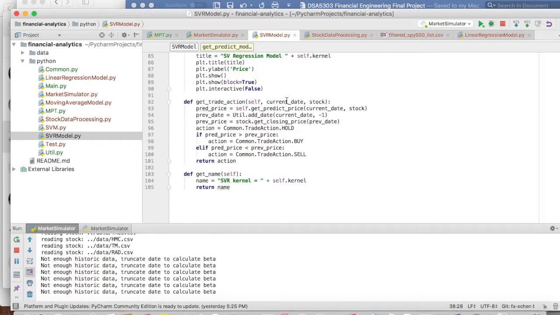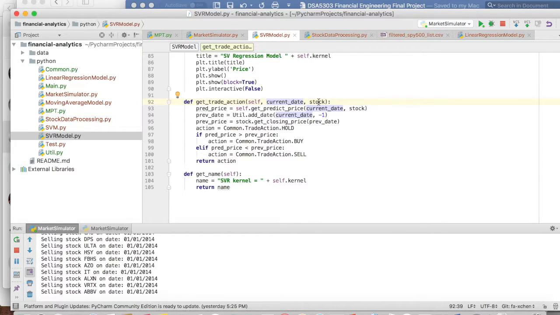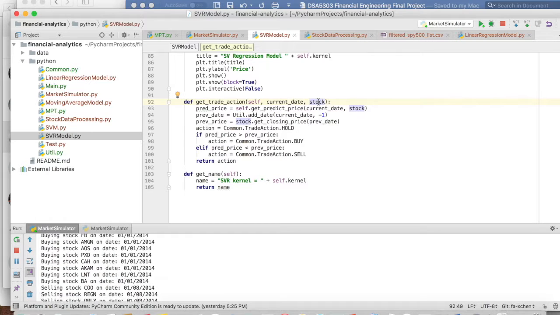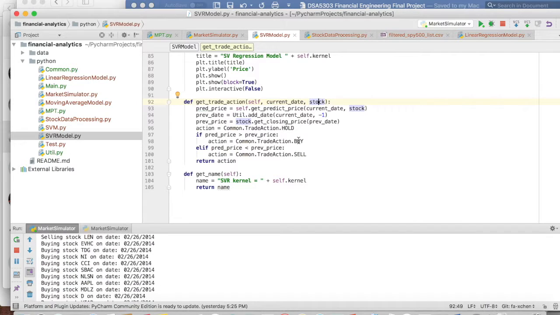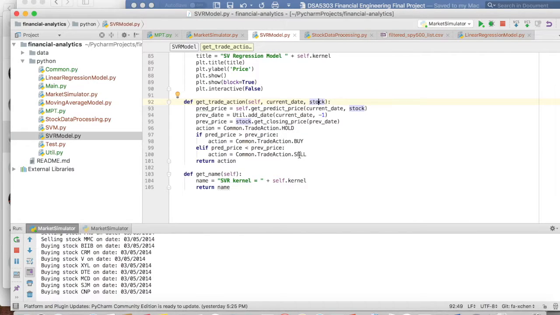Basically, you give it a day and a stock, and it will use the model to tell you what is the recommended action on this trading day. Should you hold the stock? Should you buy? Should you sell it? Basically all the models implement this common method.